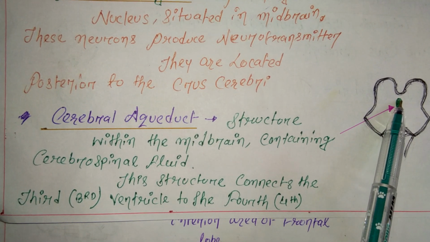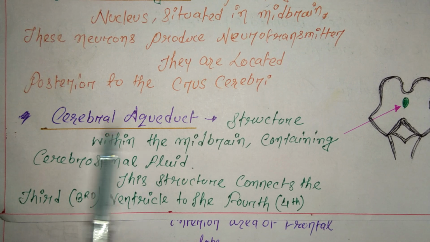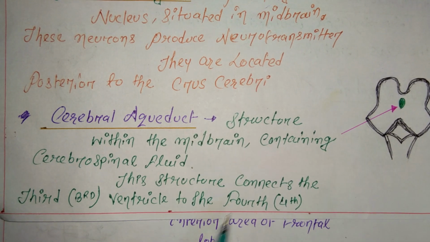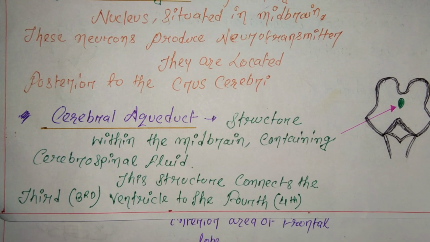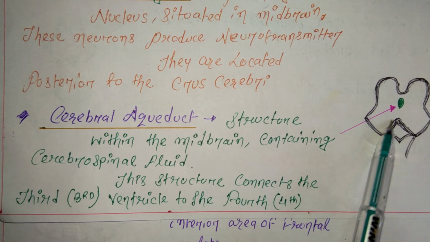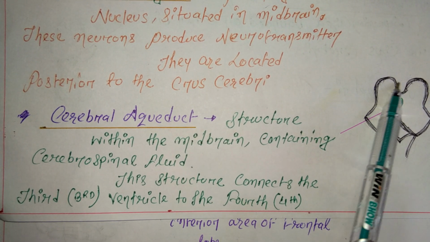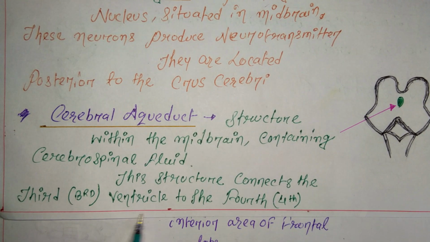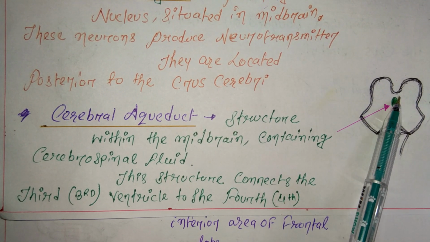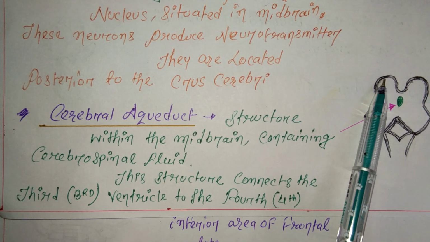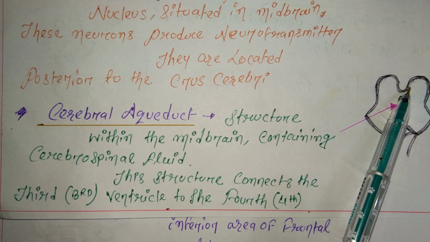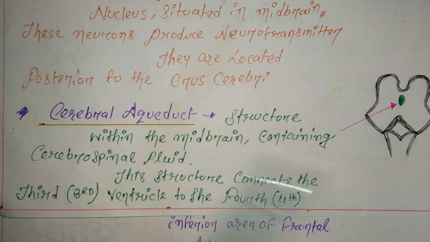We will study the fourth ventricle also, and when I show a proper diagram of ventricles, I will tell you about the cerebral aqueduct again. Right now, just know that here we have our fourth ventricle and here our third ventricle, and this cerebral aqueduct helps to connect these two ventricles.